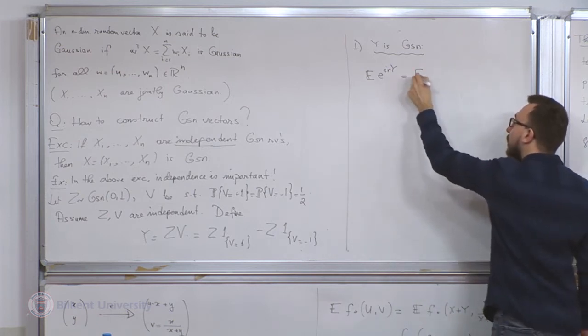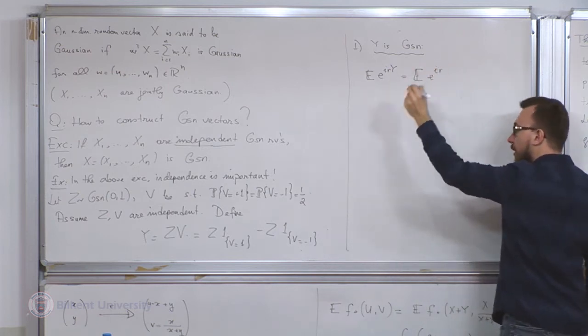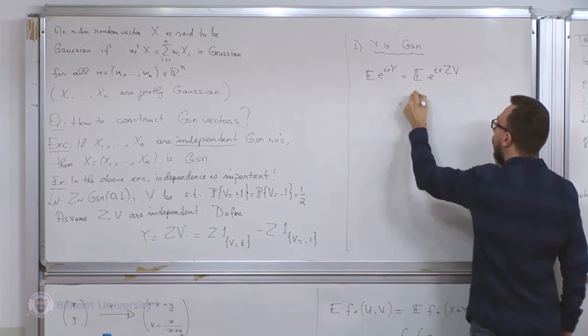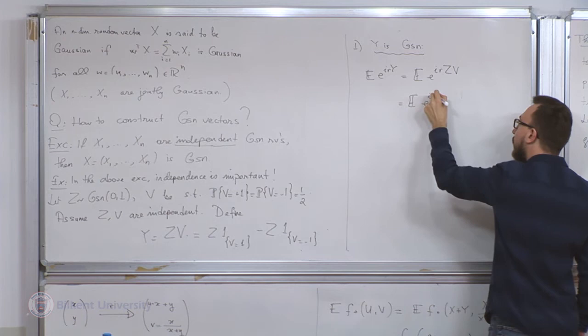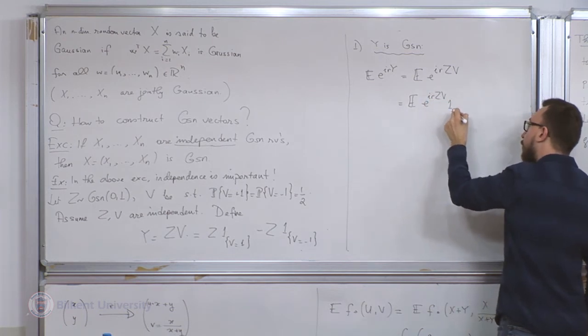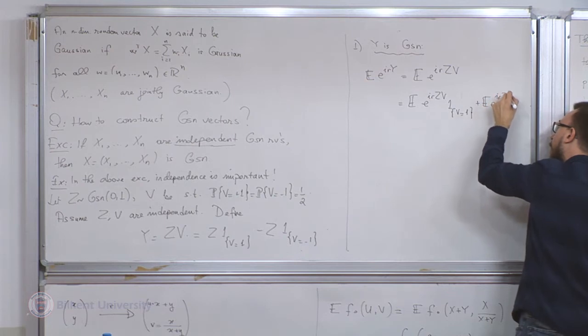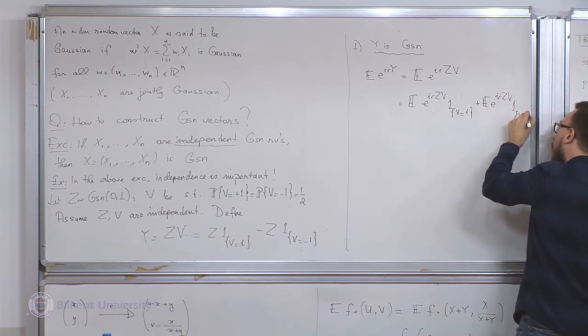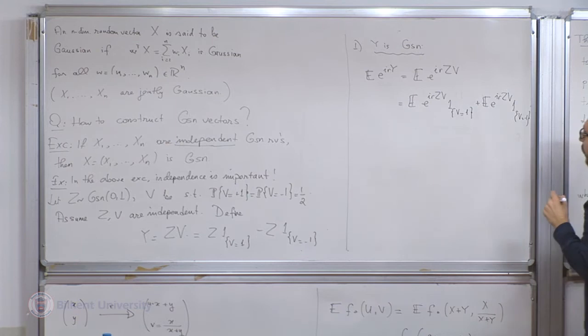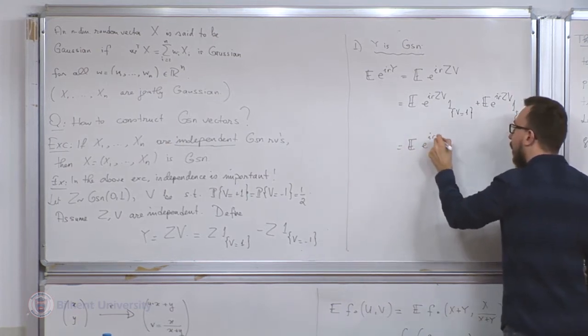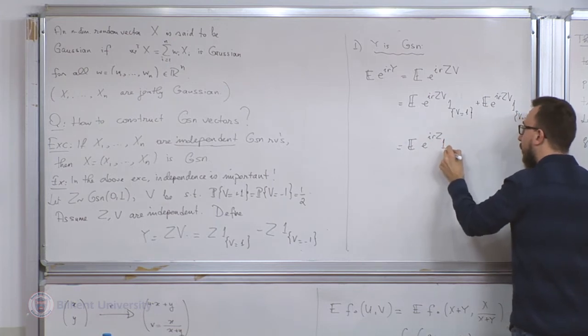So this is Y equals Z times V, okay? And there are two possibilities, V equals 1 or V equals minus 1. When V equals 1, we have e^{irZ}, indicator V equals 1.